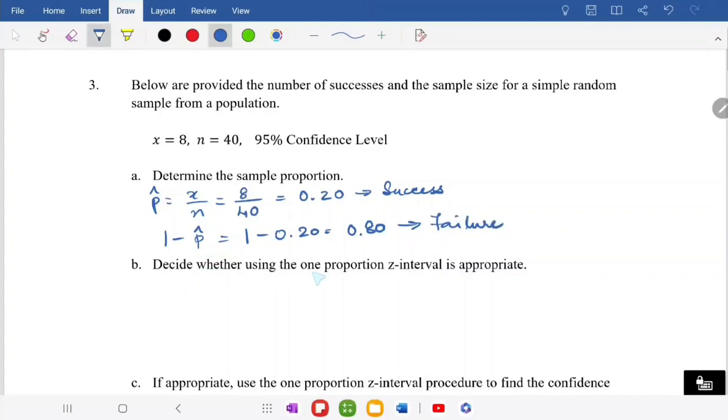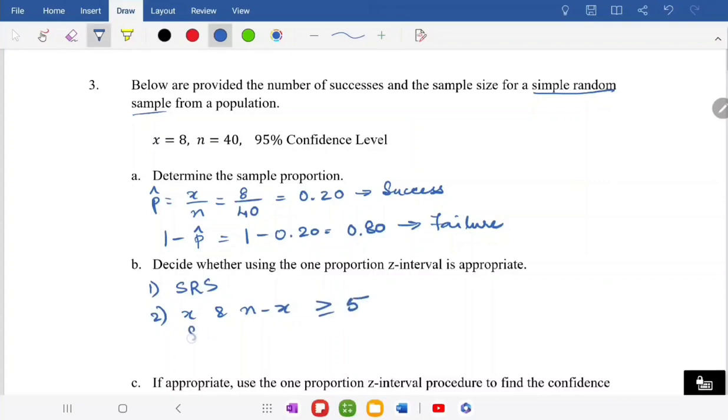Decide whether using the 1 proportion Z interval is appropriate or not. Now, it better be a simple random sample, which is given here. And the other criterion that needs to be met is that X and N minus X must be greater or equal to 5.